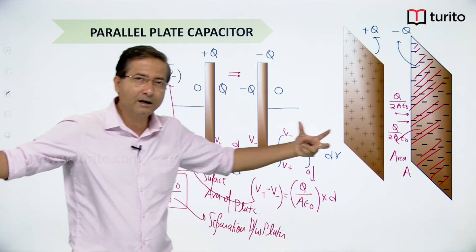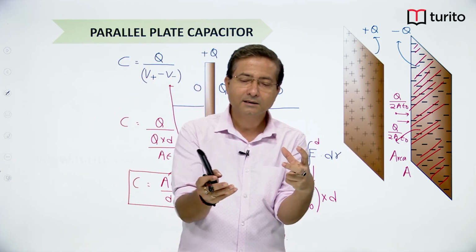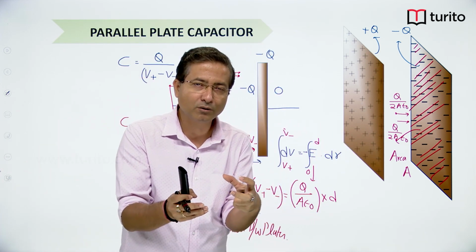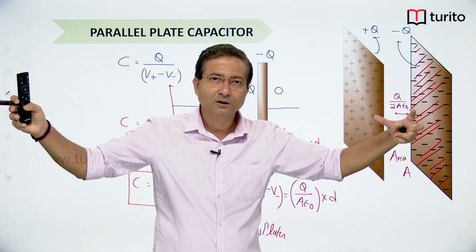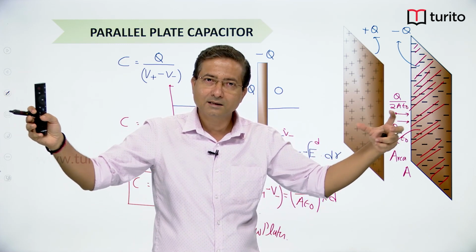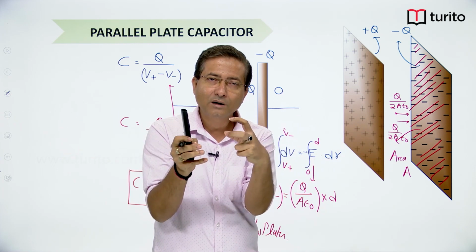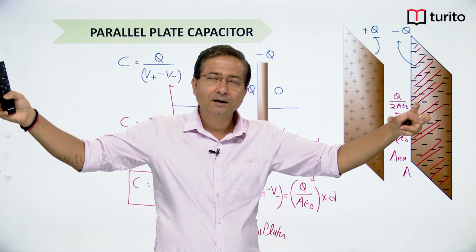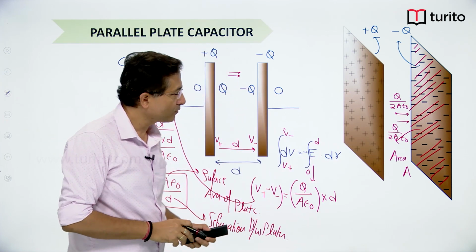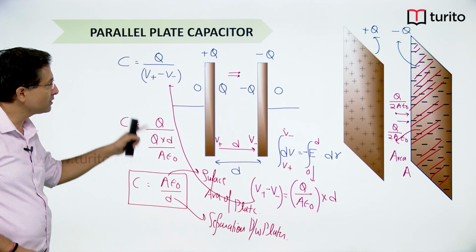So, if I bring the two plates closer, the capacitance of the arrangement will be more as compared to when they were at a larger distance. Two conductors at lesser separation will have more capacitance as compared to when they were at large separation, right. So, I hope the procedure is clear.